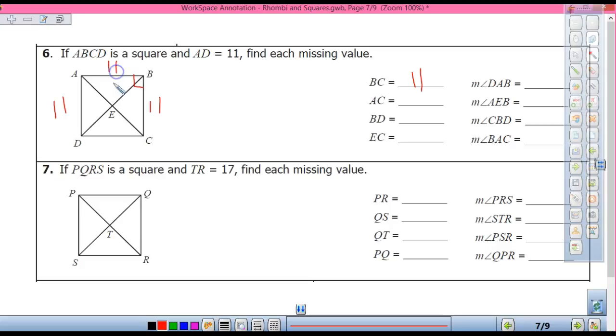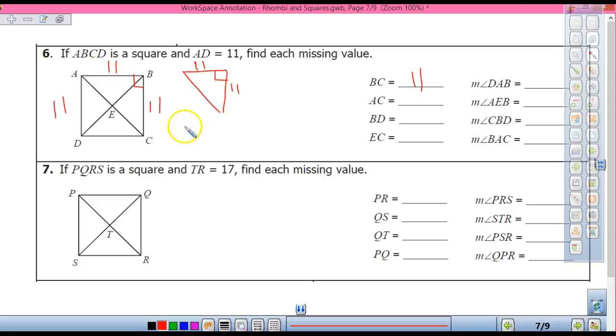So if that's 11 and that's 11, I can now find my diagonal. How? No, you were on the right track the first time. I have a right triangle because I have 4 right angles. This is 11. This is 11. What are we doing? Pythagorean theorem.